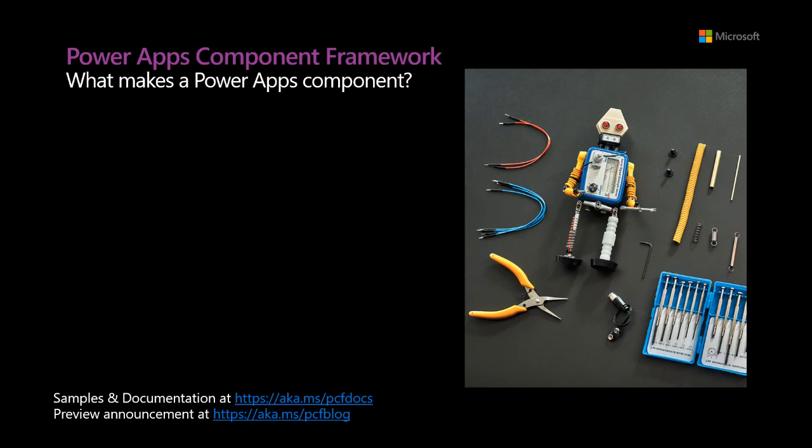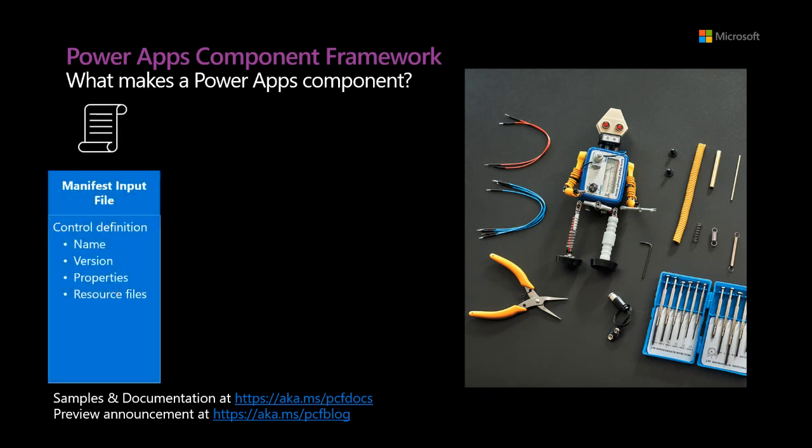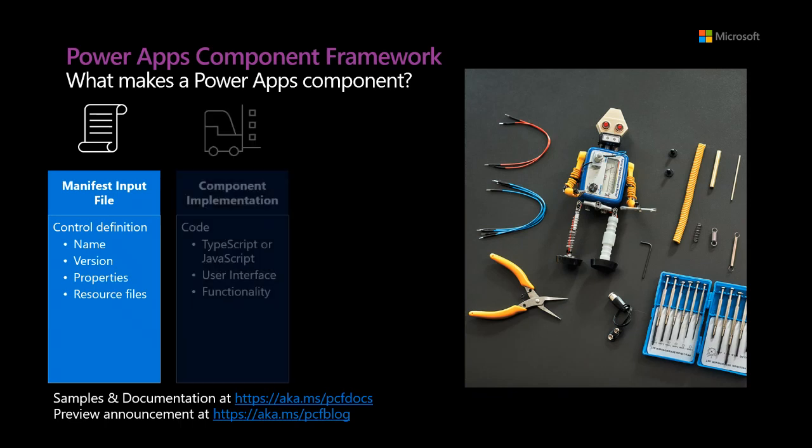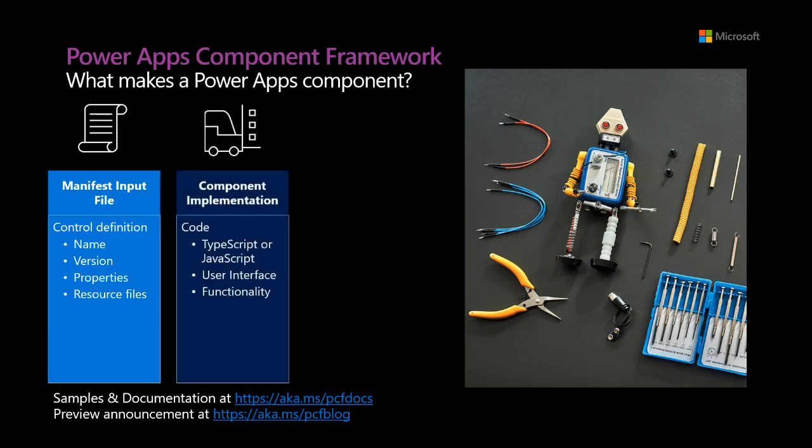So when we look at PCF, there are really three main elements that make up a PCF component. The first one being the manifest input file. So this is an XML document where you can define the features, such as the name, the version control, etc. Secondly, there's the component implementation. This is where you're going to establish the user interface and functionality of the control using TypeScript or JavaScript.